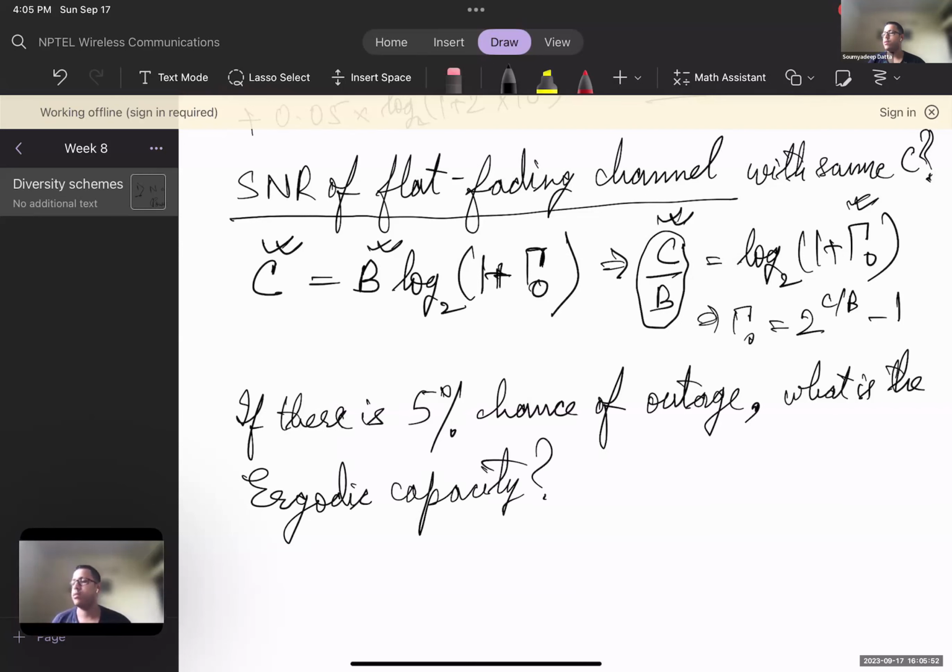You're asked this question: if there is a 5% chance of outage, what is the ergodic capacity for the same channel?